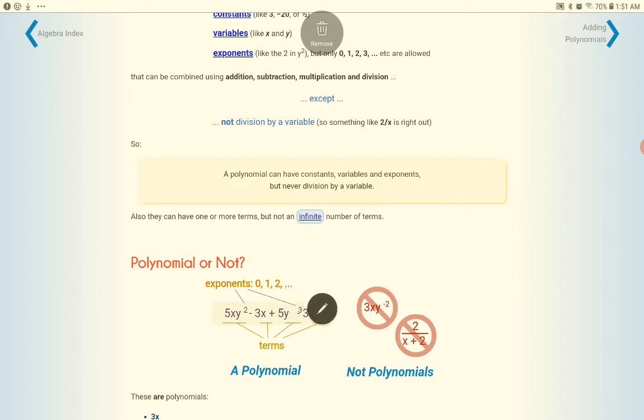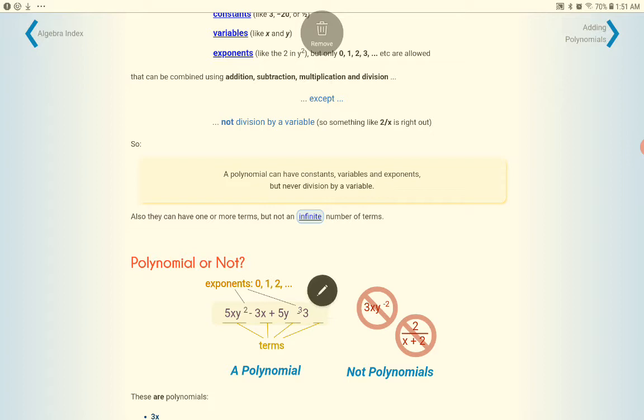This one doesn't have a variable, so you can think of that also as an exponent of 0. So my exponents are all whole numbers, counting numbers starting at 0. So that is a polynomial.